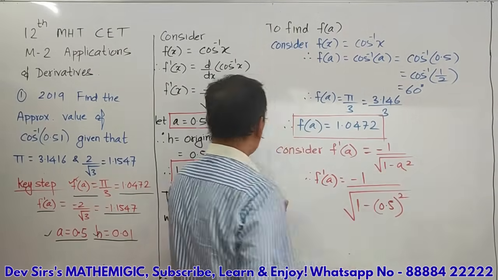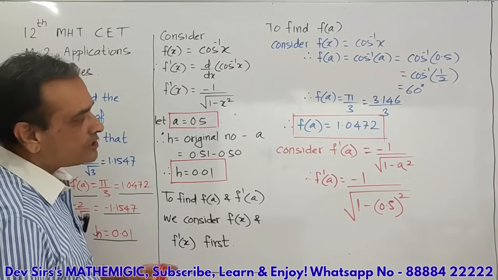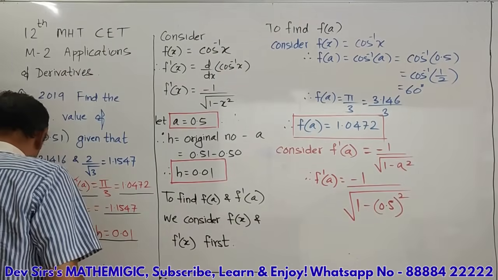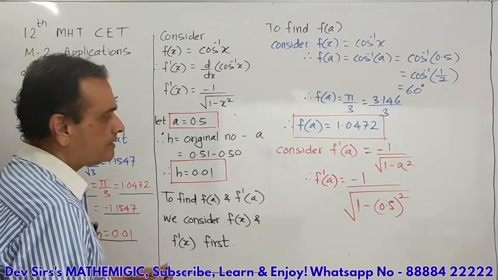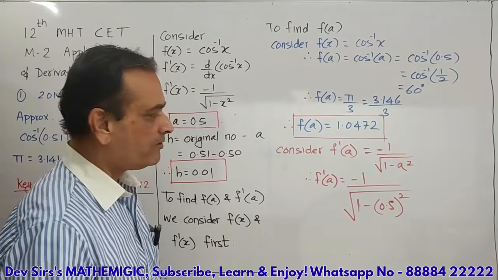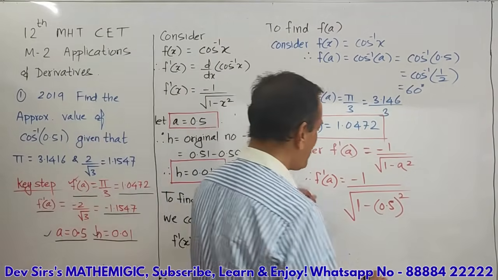But a is what? 0.5. Now for calculation purpose, I will take 0.5 as 1 by 2.